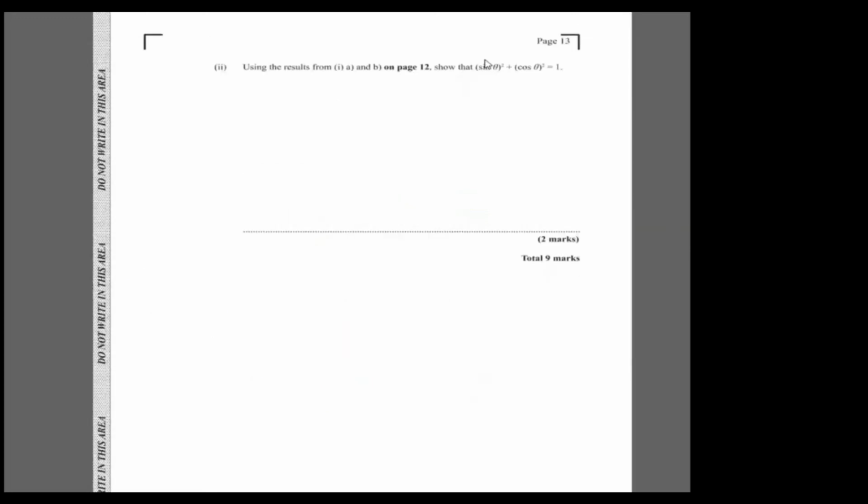The first thing I noticed is that we have sine theta plus cos theta. We said that sine theta plus cos theta is, what was that? A over C plus B over C.